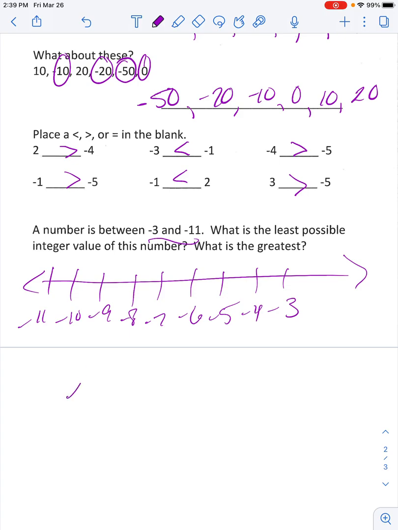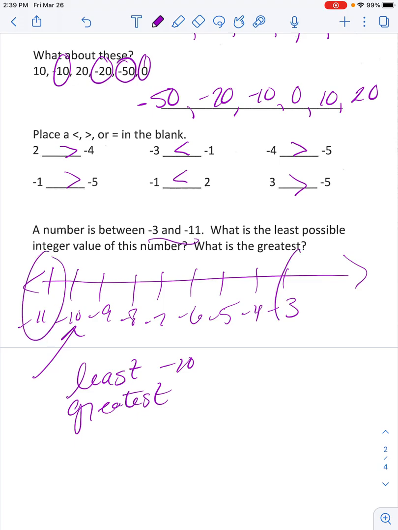The least would be right here, -10. The greatest between here and here would be -4. So -4 is the largest, closer to 0, closer to those whole numbers. -10 would be the least, furthest away.